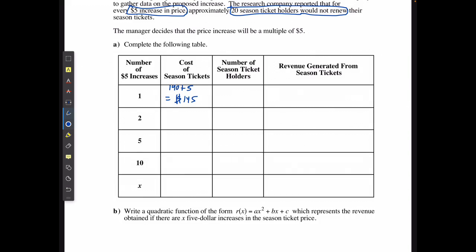The number of season ticket holders is going to be 720, and I'm taking away 20 of them, so I have 700. If the revenue is the cost, $145, multiplied by the number sold, 700, then this is going to give me $101,500.